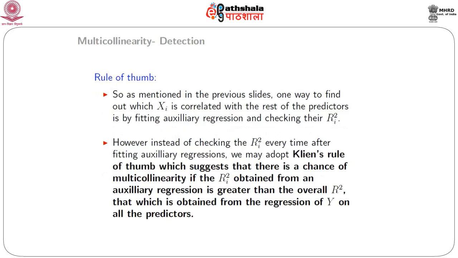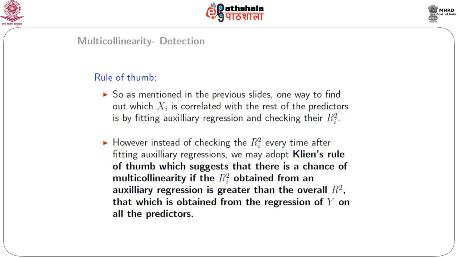So the rule of thumb that we use for this method of detection, as mentioned in the previous slides, one way to find out which xi is correlated with the rest of the predictors is by fitting auxiliary regressions and checking their Fi's or F statistics and the coefficient of determination Ri square.